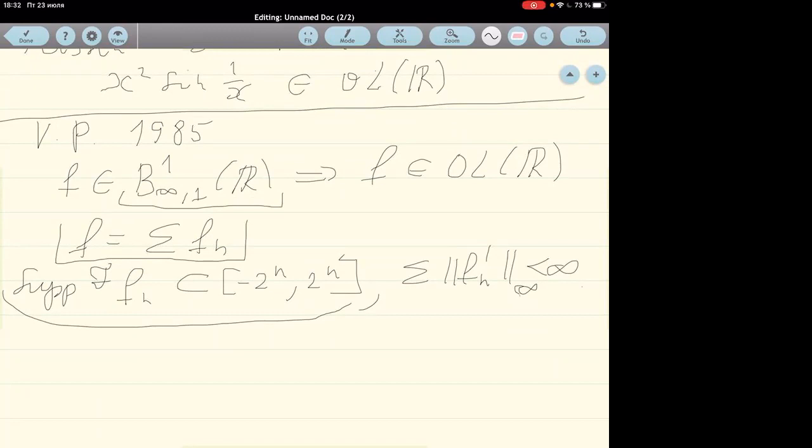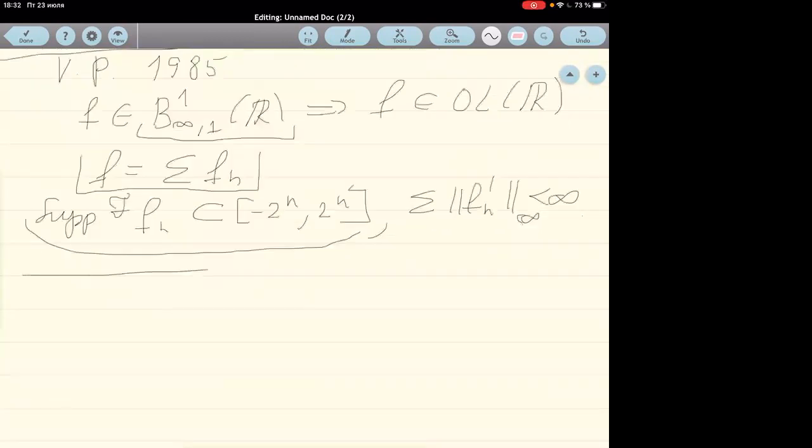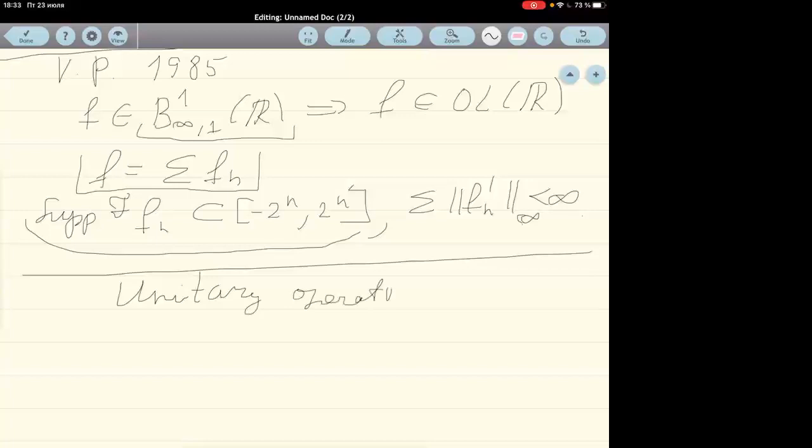Okay, then, today I'm going to consider the case of dissipative operators. Let me first mention that similar results also hold for unitary operators and for contractions, which means that the norm of the operator is less than or equal to 1.